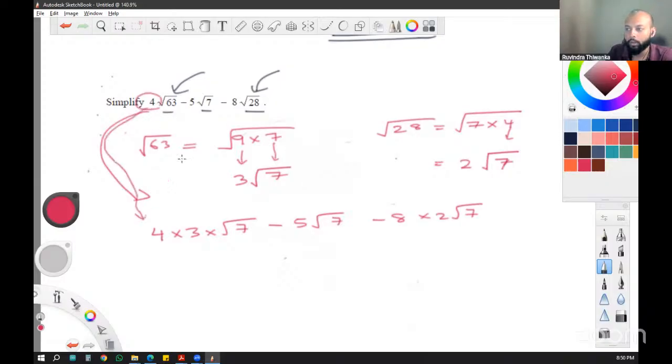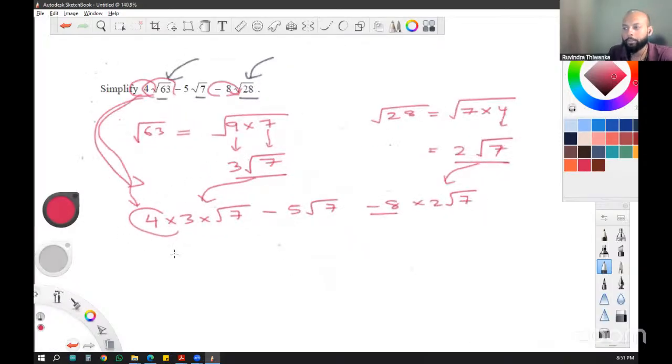So I just took it right here. And root 63 is this one, 3 root 7. And 5 root 7, I just directly write it down here. And minus 8 is this one, into root 28, which I can write as 2 root 7.